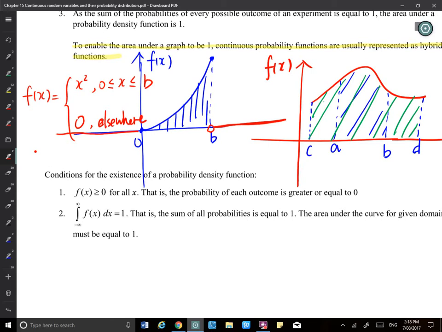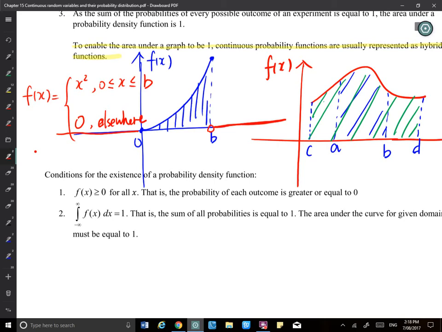So again, we need to check. As I said, only if some conditions are followed can it become a density function. Not all f(x) can become a density function. Just a normal x squared can't be the density function because the area under the curve adds up to infinity, not 1.